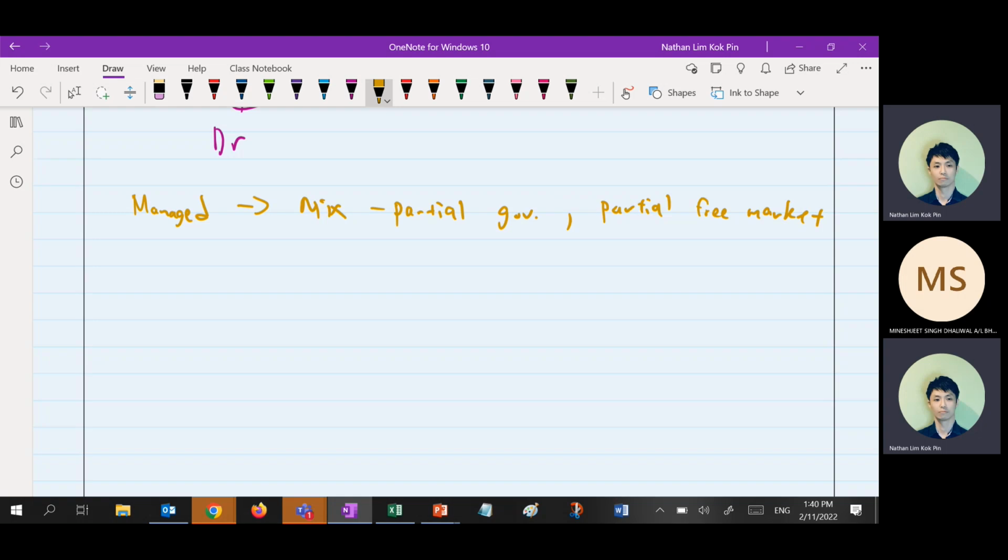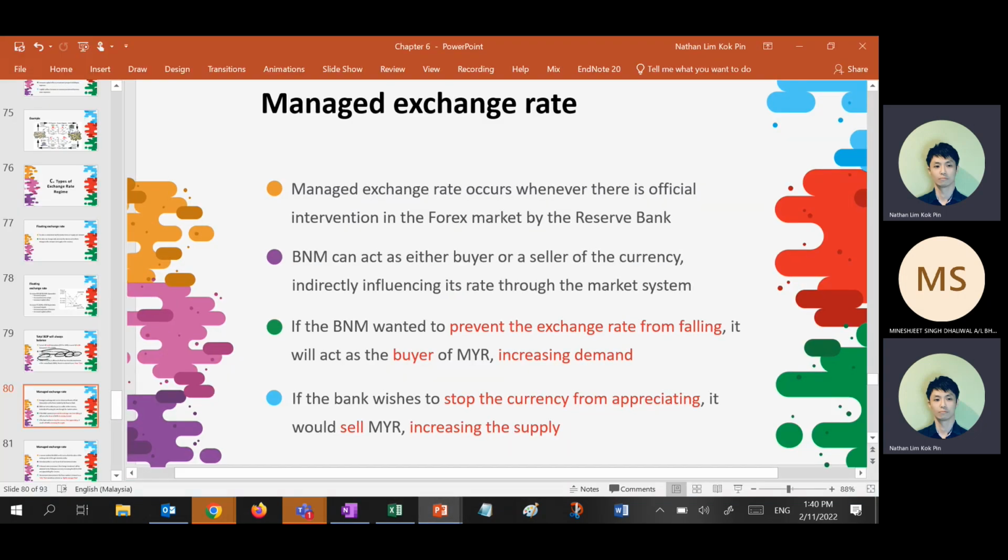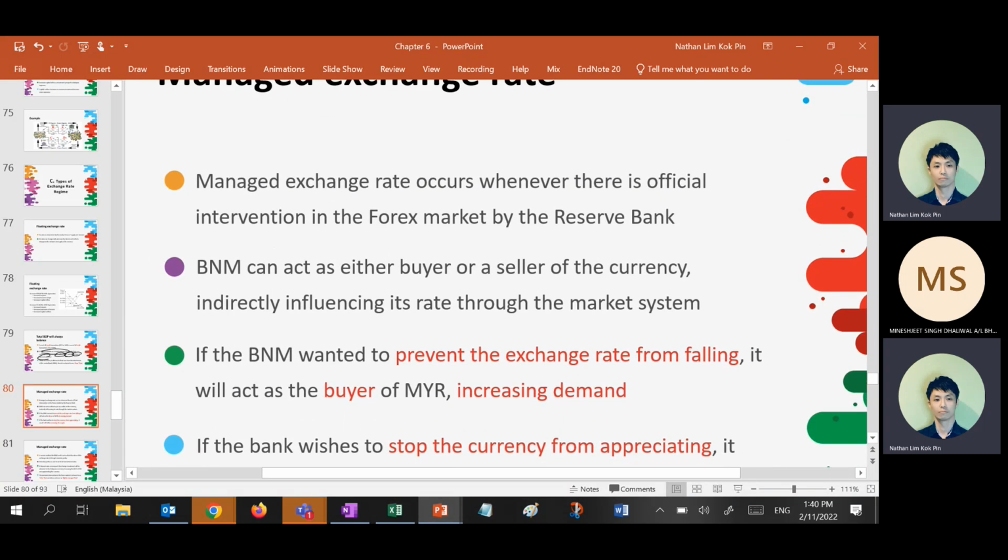As long as they don't control 100%, it's considered a managed exchange rate, depending on how big the range is. So this one is always controlled by the Reserve Bank of that country.